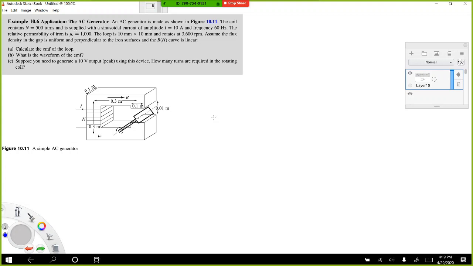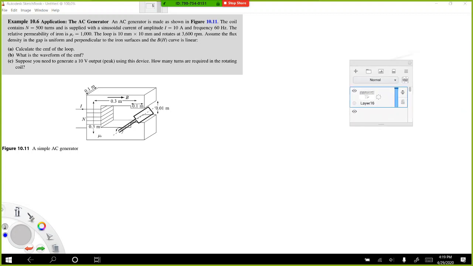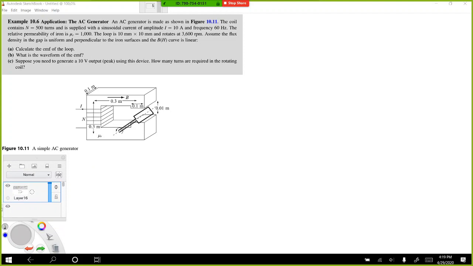In order to find it, we have to apply previous knowledge that we have studied, which is that the electromotive force in the loop is the sum of the electromotive force due to the motional action plus the electromotive force due to the transformer action. So let me start.